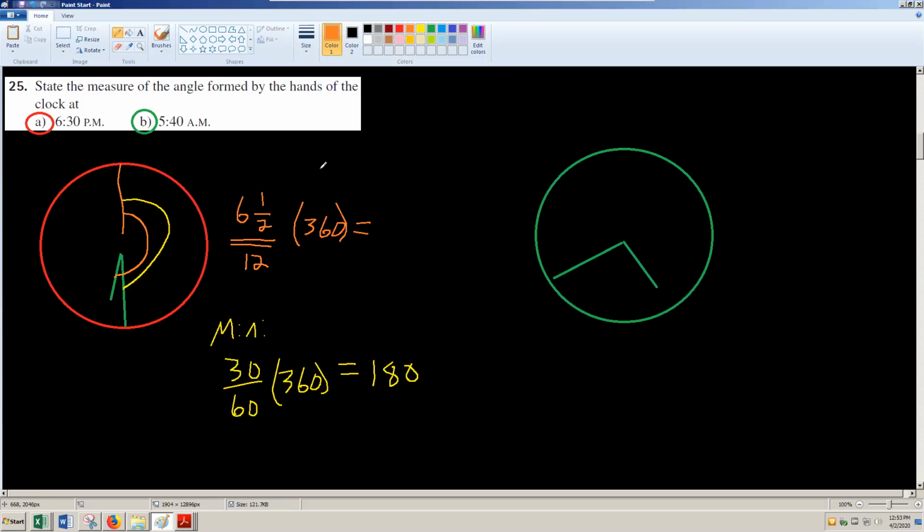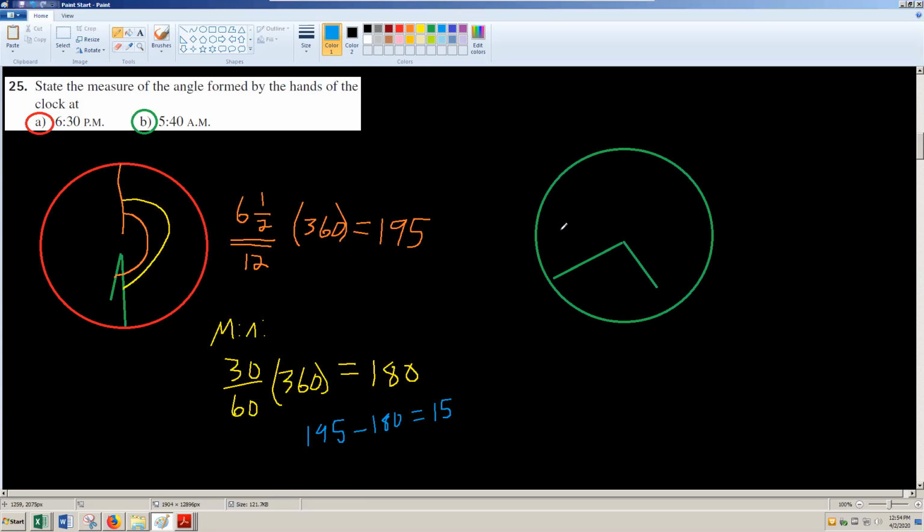In terms of my 6.5 out of 12 here, that gives us 195 degrees. And so now I'm looking for the difference between these 2 things. So now I'm doing 195 minus 180 to get 15 degrees.